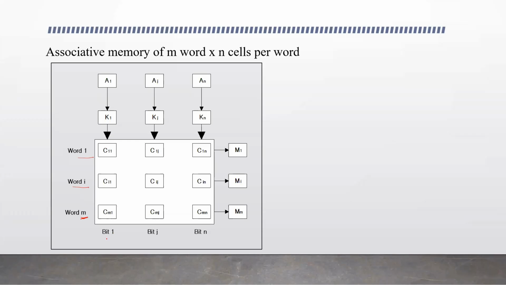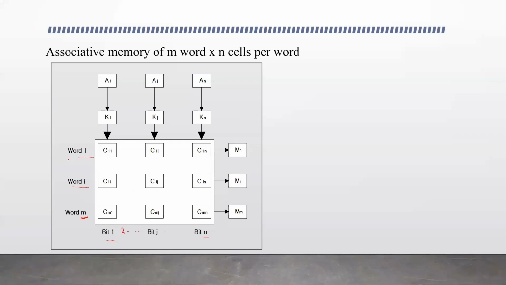And the columns are used to represent the bits. We have n bits here. So bit 1 in the first column, bit 2, the second bit, third bit, up to the jth bit, and then j plus 1 up to n bits. So the columns are used to represent these in the two-dimensional array.